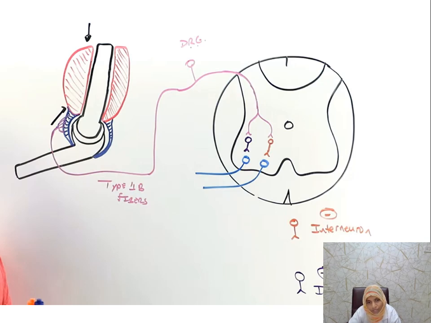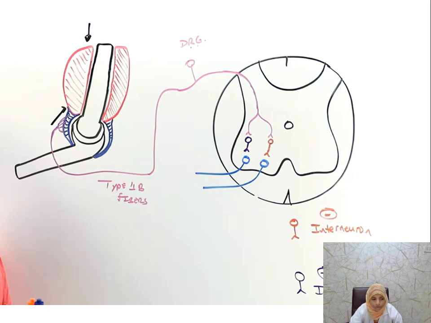Now because it is sensory, it is going to enter the spinal cord. The fibers are going to enter the spinal cord via the dorsal horn because dorsal horn is sensory. And after the sensory afferents enter the spinal cord, they are going to bifurcate onto two interneurons. And these interneurons are going to synapse on the motor neurons.